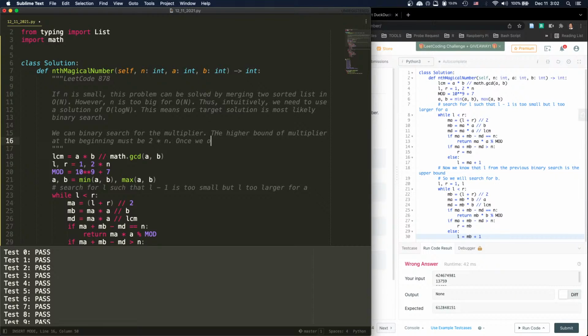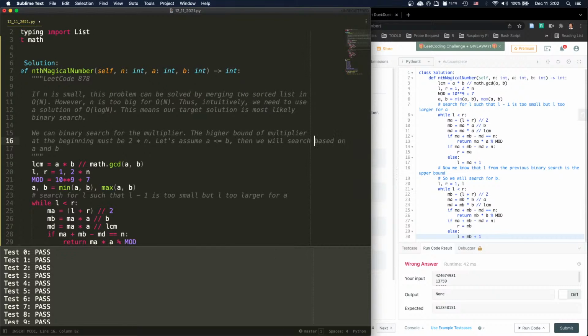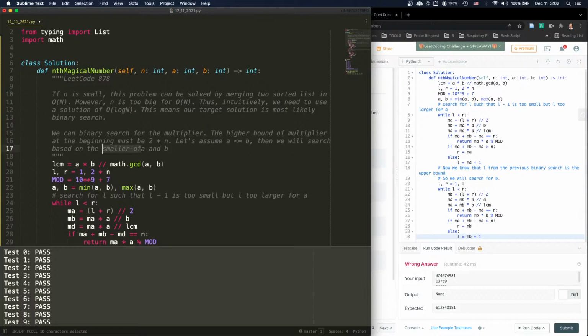Once we obtain that, we will search based on the smaller of A and B. Okay, let's assume A is smaller than B. Then we will search based on A first.